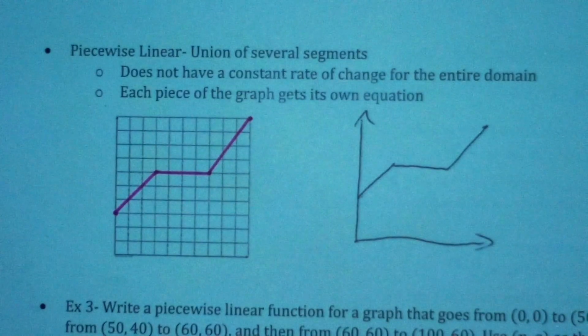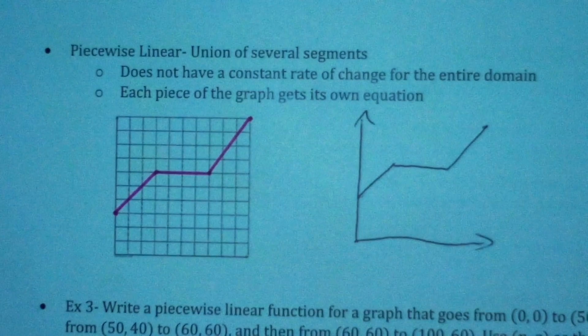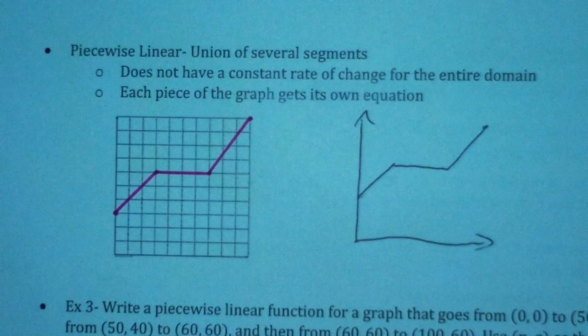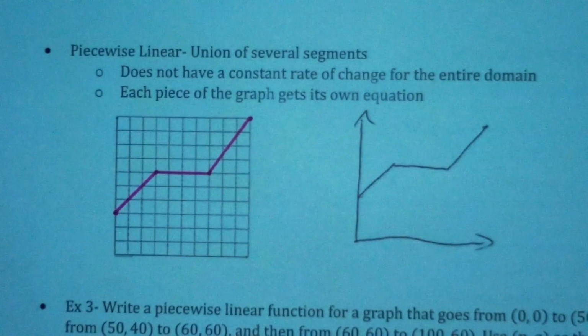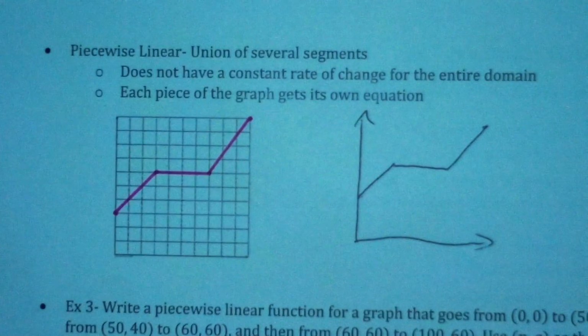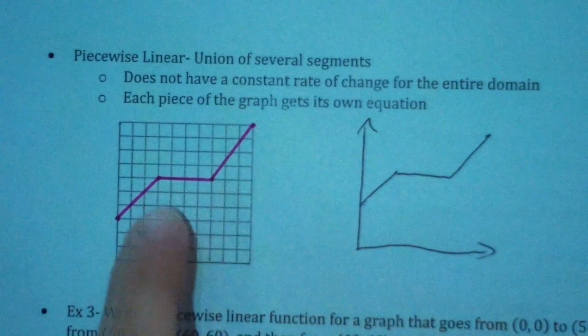Then I'm going to graph each part of this graph in a different color. Basically it gives you 0, 0 to 50, 40. I'm going to do that in a color. So I'm going to go from 0, 0, should be right there, to 50, 40, should be right there.